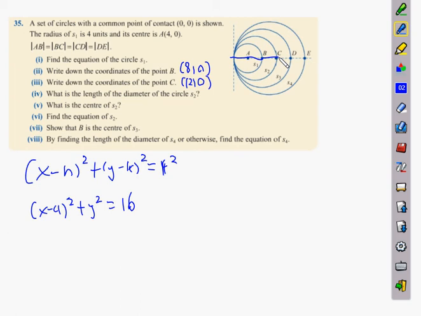Just give me a second. S1. One second, guys. Not completely getting this stuff yet. AB is 4.